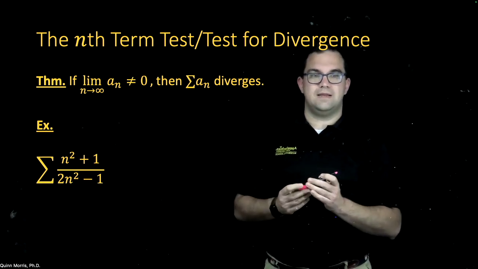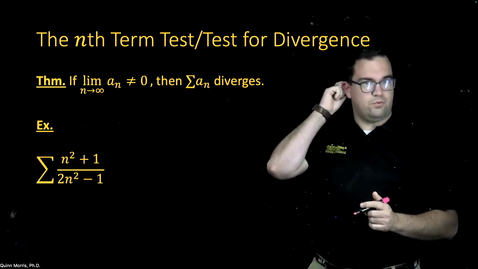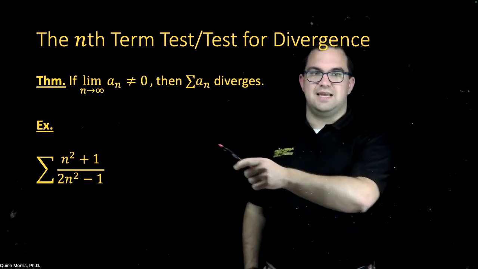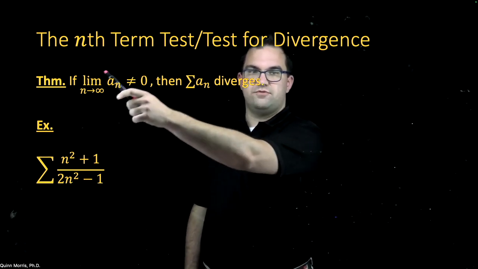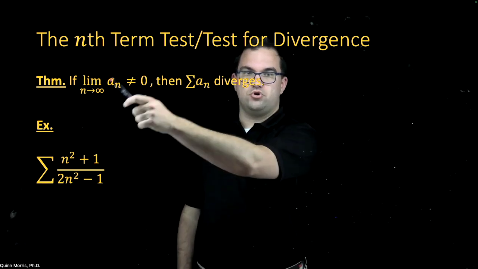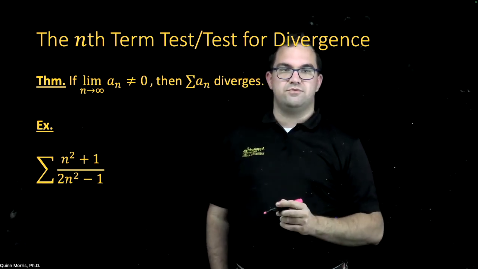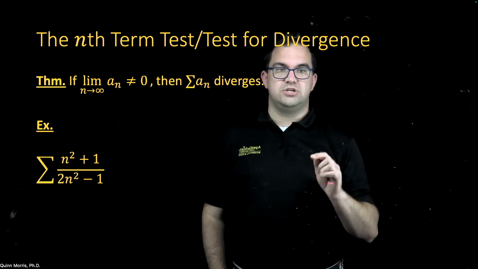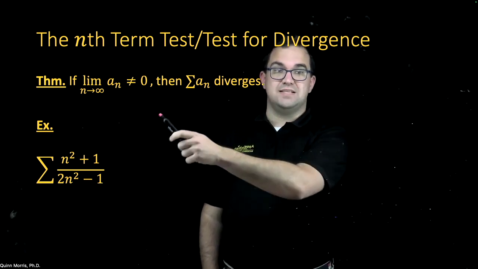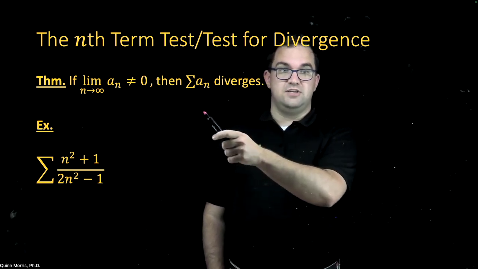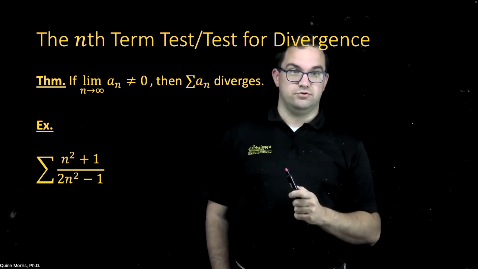Okay. So before we get into this example, let's think about what's going on here. So this says if the terms of your series, a_n, these are the terms of your series, are approaching some value that's not 0, then your series must diverge.